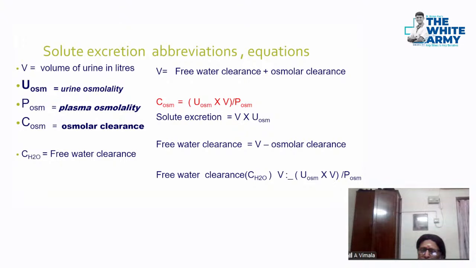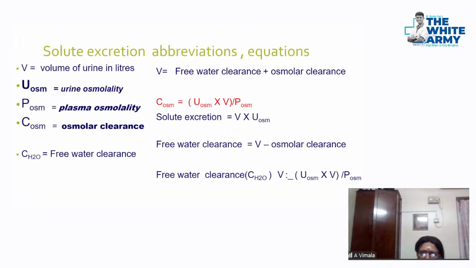So how do you find out the osmolar clearance? If you find out the osmolar clearance, it's very easy. Free water clearance becomes, we can measure the urine volume, minus osmolar clearance. So how do you calculate the osmolar clearance? U osmolarity into V gives the volume of water that contains this much of solutes.